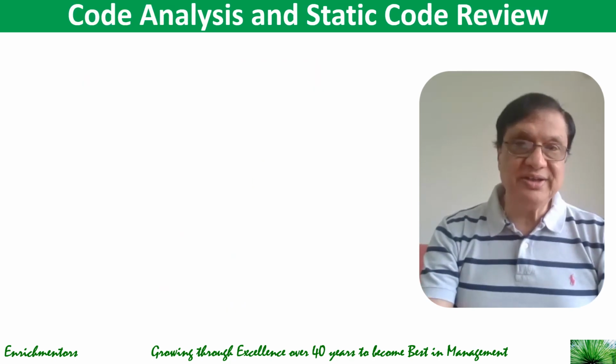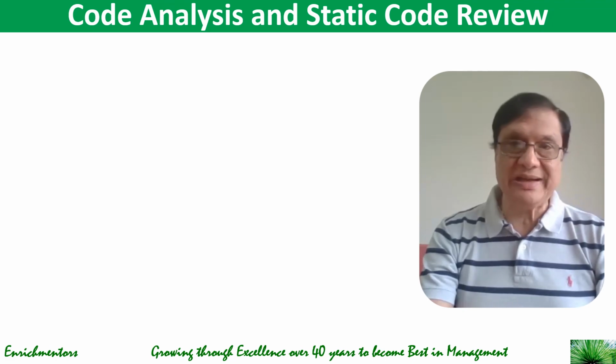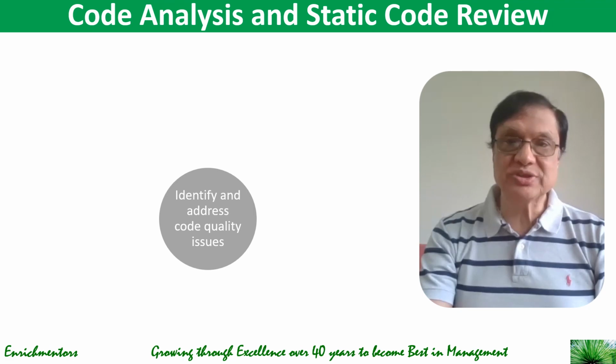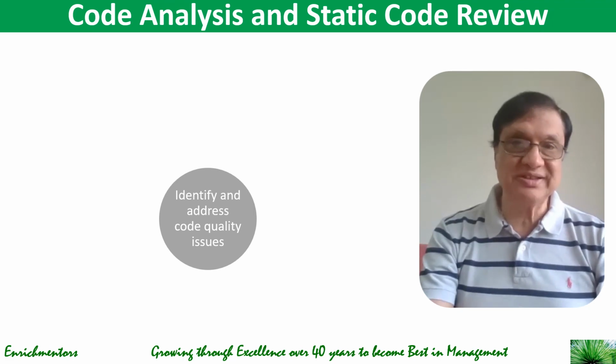Another important thing that you could consider for excellence in software development is code analysis and static code reviews, in which you identify and address code quality issues early in the development process. So in the development process itself, you identify and address code quality issues as the code is being written.